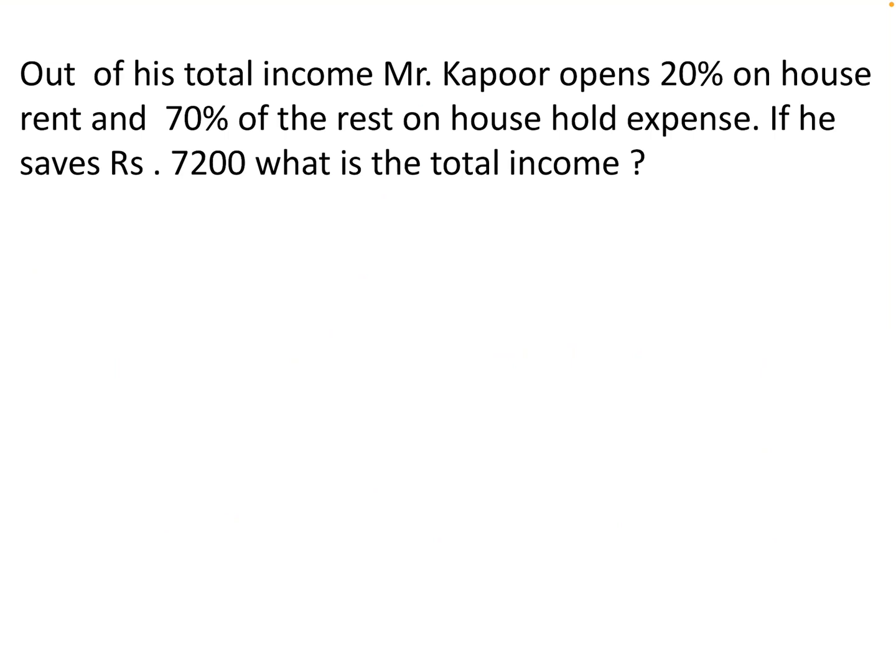If he saves rupees 7,200, what is the total income? We can solve this in two ways: the tree method we discussed earlier, the traditional method, and the advanced method, which we can do in just one step. First we will see the tree method.